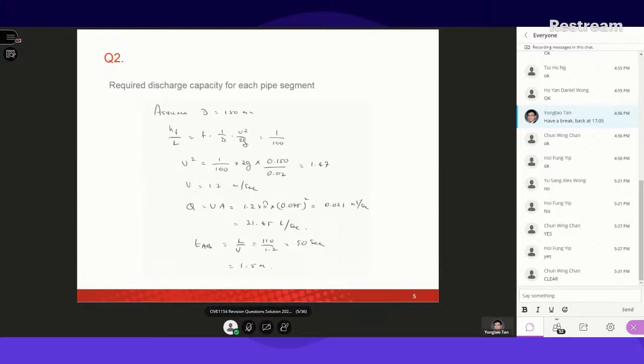We know the friction factor and the diameter, so we can get the velocity and the capacity. With the velocity, we can get the time in the pipe AB. Any questions?